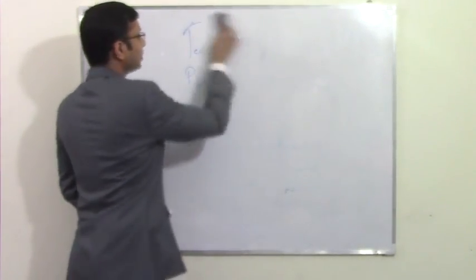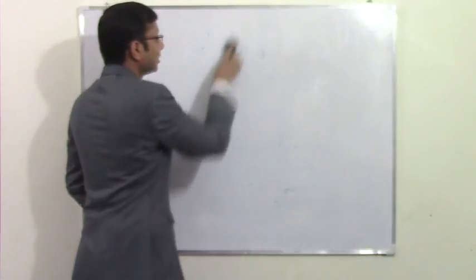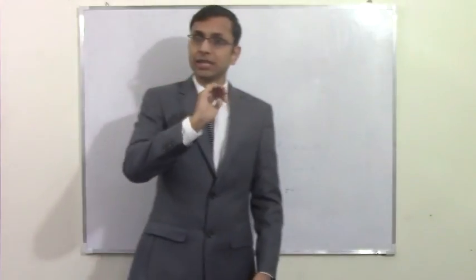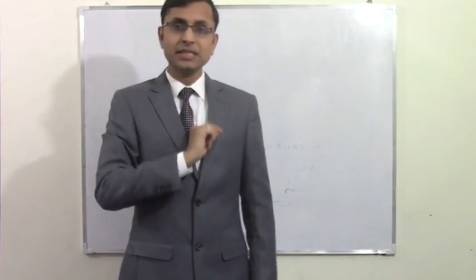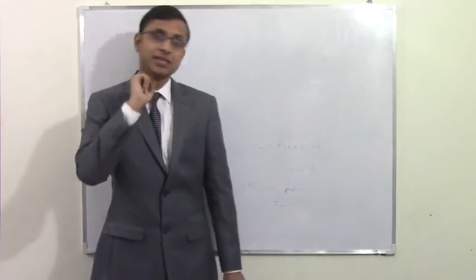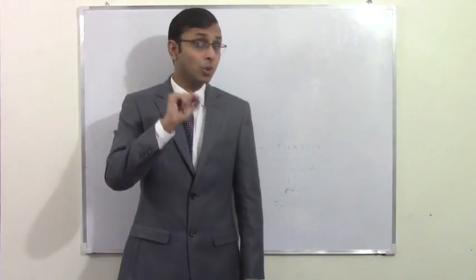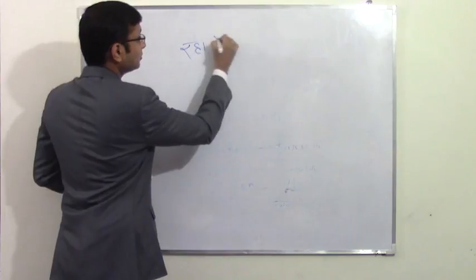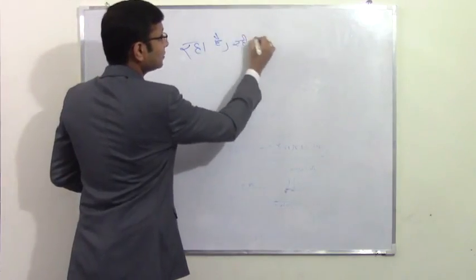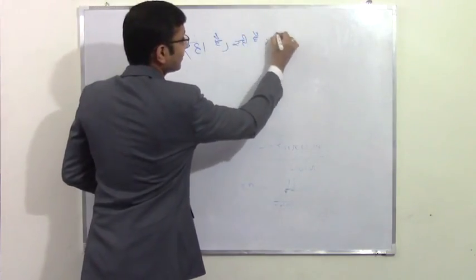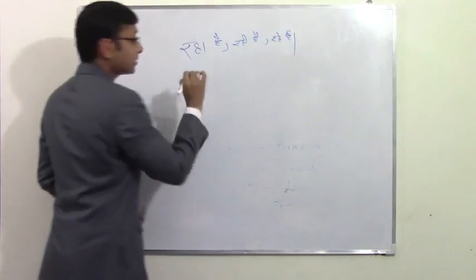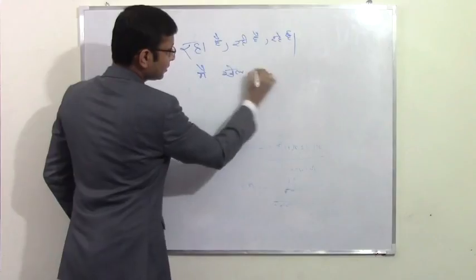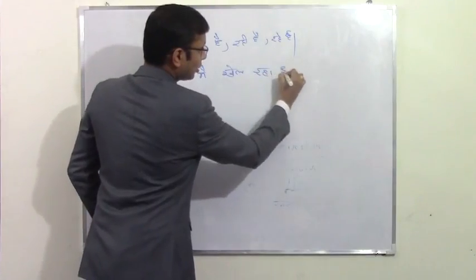Now we will talk about a situation which we did in the last session as well. The situation was रहा है, रही है, रहे हैं. Like मैं खेल रहा हूँ.